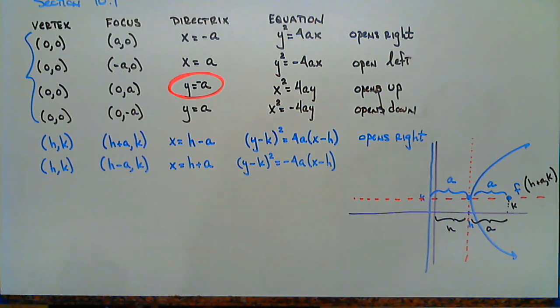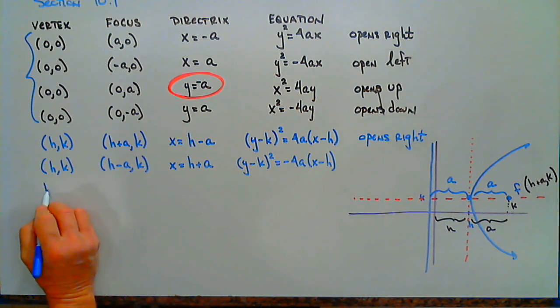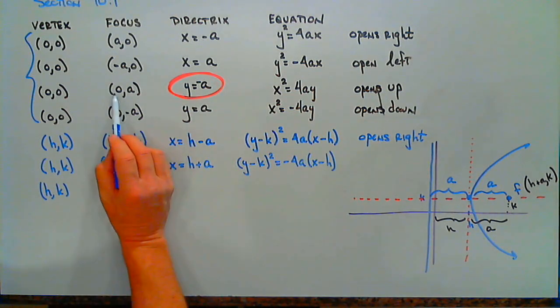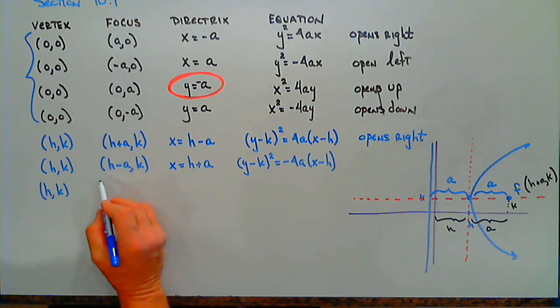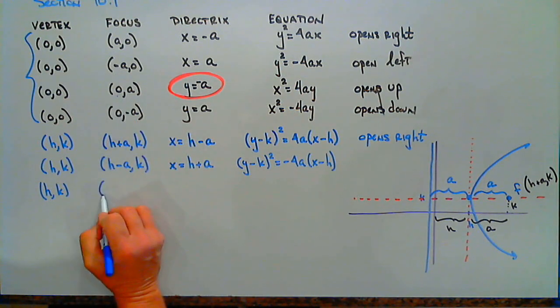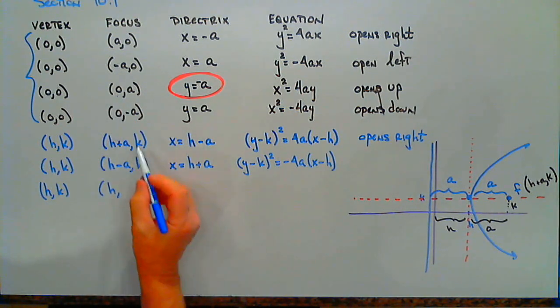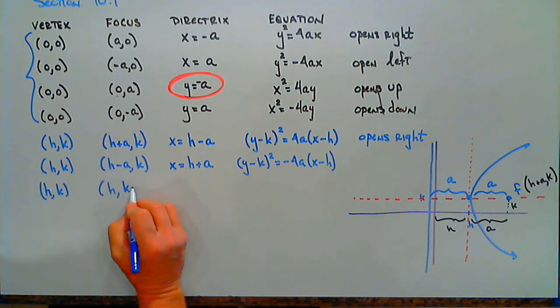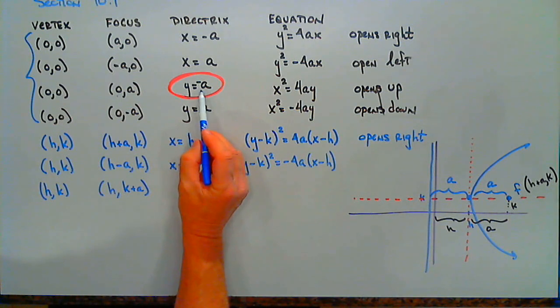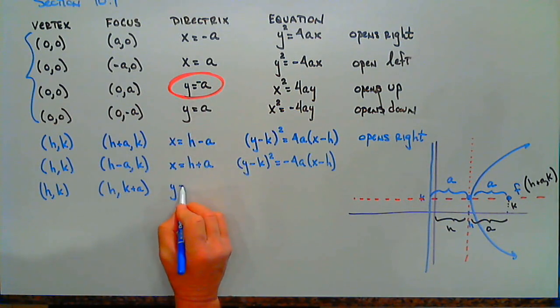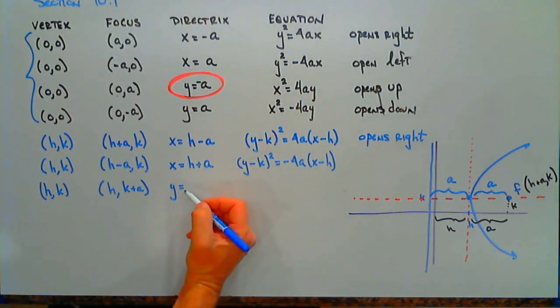Now, how about opening up? Well, we're going to have our vertex at h, k. Now, the h gets added here, right? The h gets added here, so we're going to have h plus 0, that's just going to be h. We're going to add the k there, so we get k plus a. Over here, we have y equals now, right? Y equals.